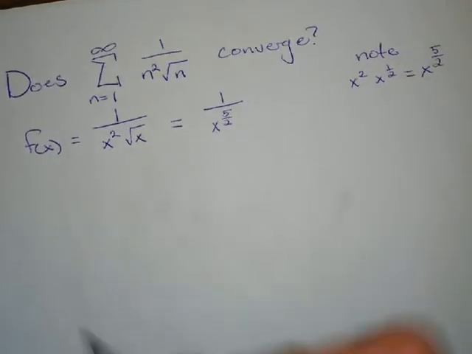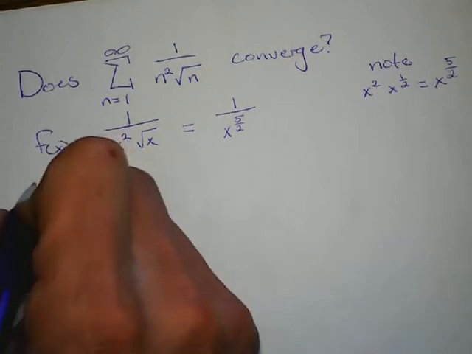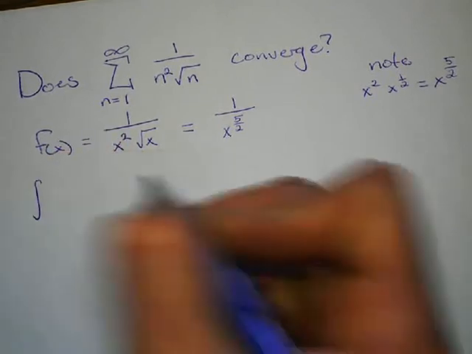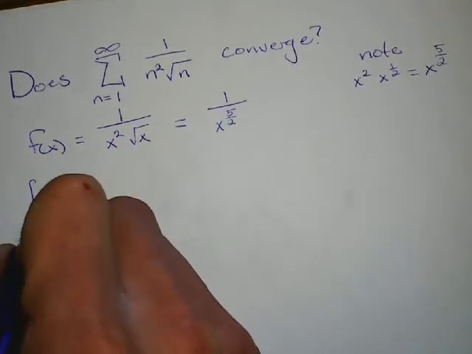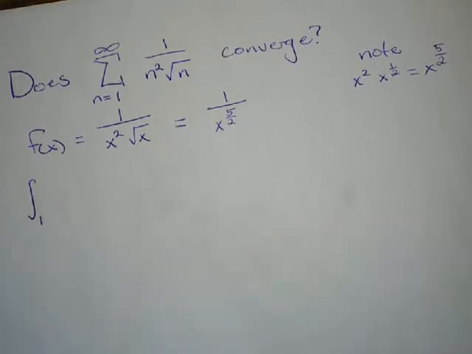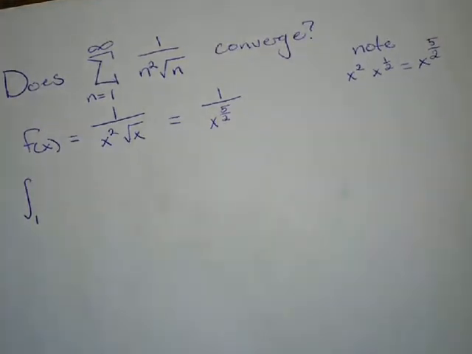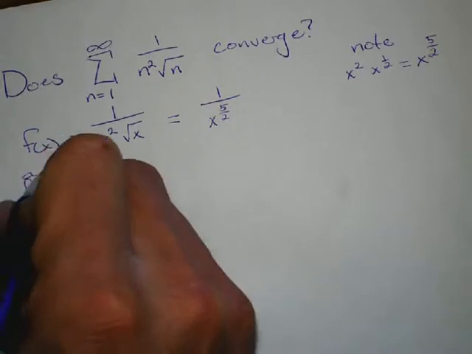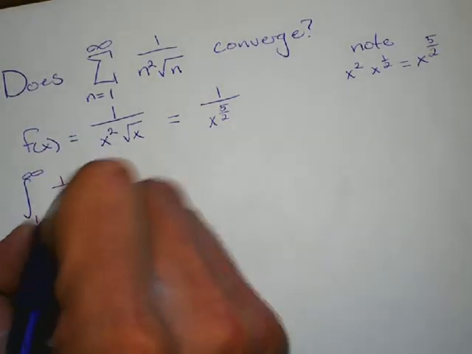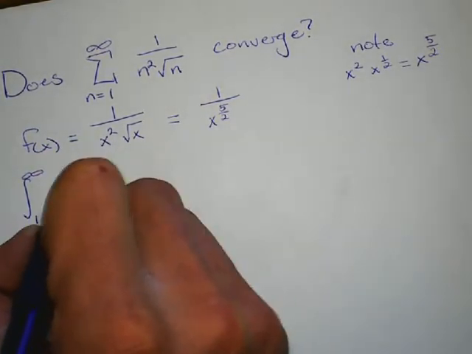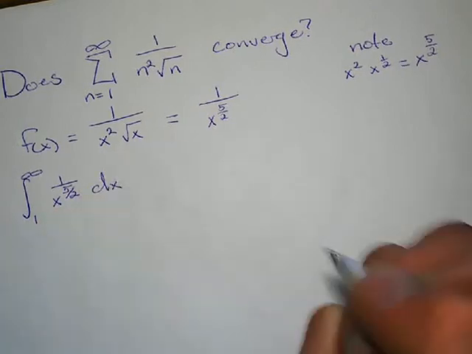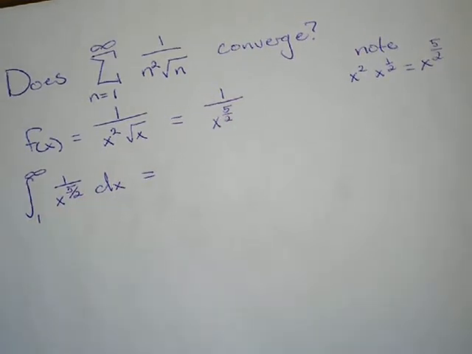So now what we're going to do is set up an integral from 1 to infinity of 1 over x to the 5 halves dx, which now we just have to evaluate.